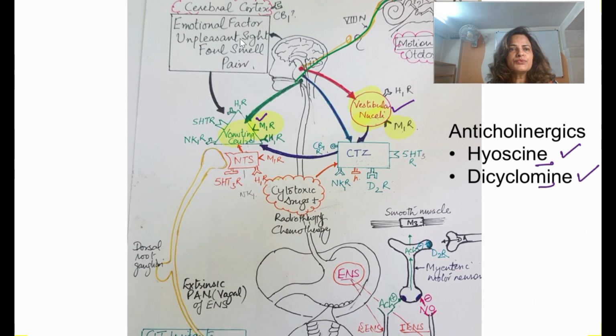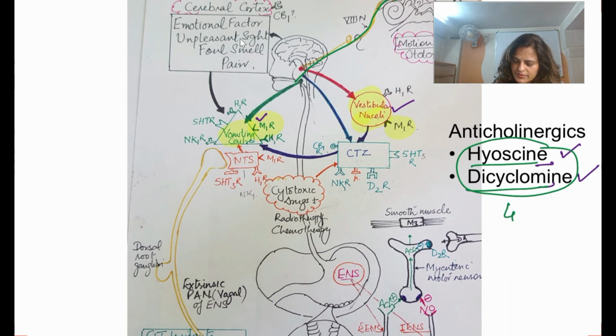Now we have the two drugs. What are the basic differences between these two drugs? First I will talk about the common things for these two. Both are used as anti-motion drugs for a short journey, like 4 to 6 hours.